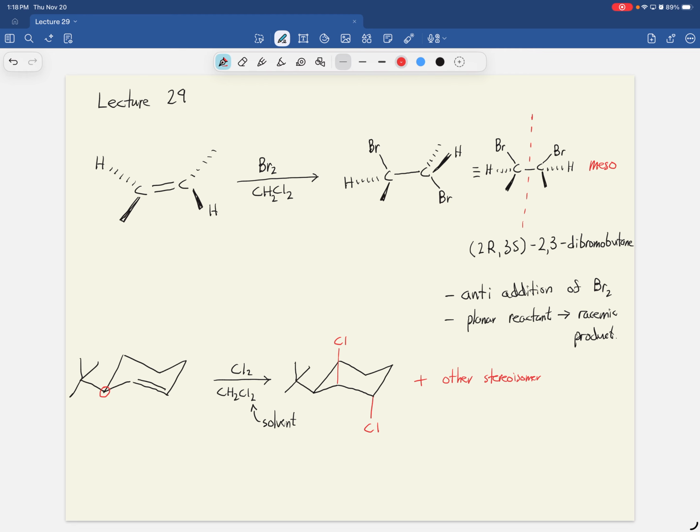Wouldn't this be a stereocenter? Right? So this other isomer actually is a diastereomer. And if you have different diastereomers, you can't predict in what ratio it will be produced. So you just write plus other diastereomer, okay?